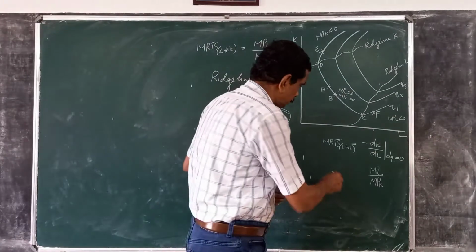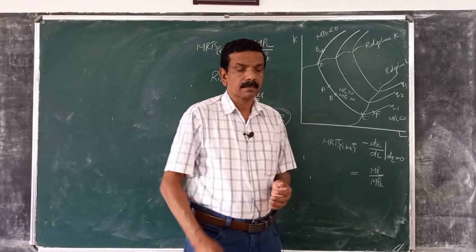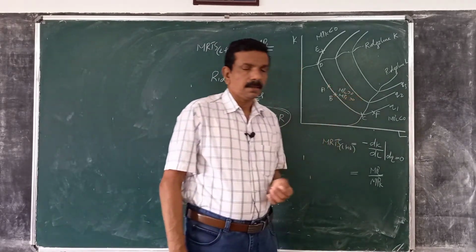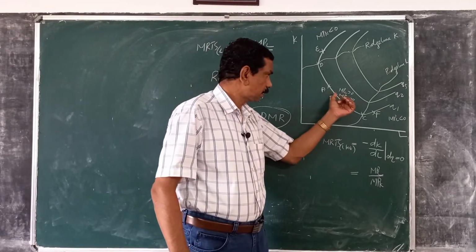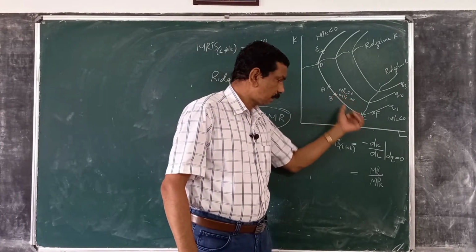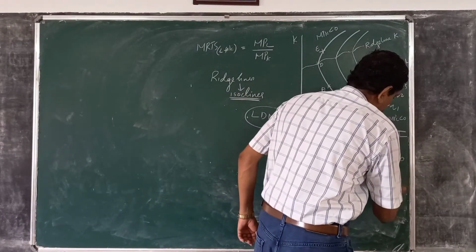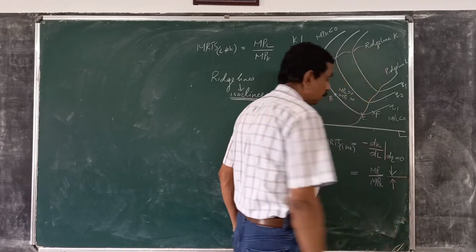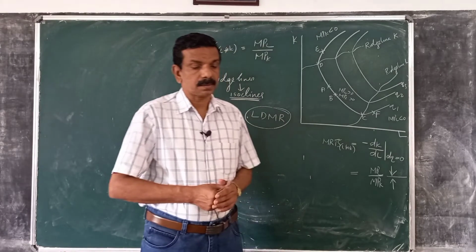Now we know that MRTS is equal to MBL by MBK. If you consider a movement from A to B, what you see is labor increases. That means MBL decreases. And capital decreases. That means MBK increases.